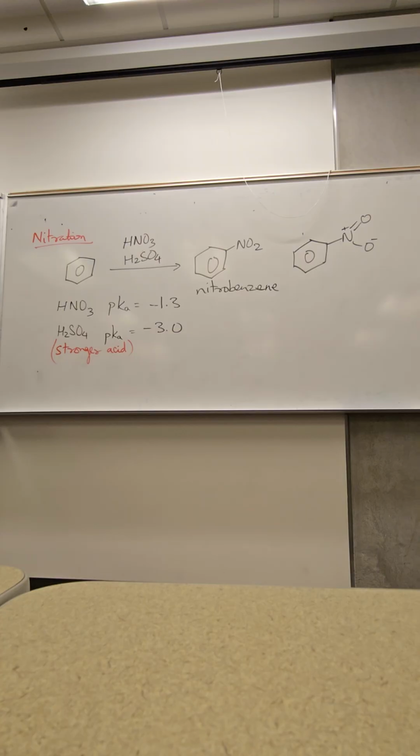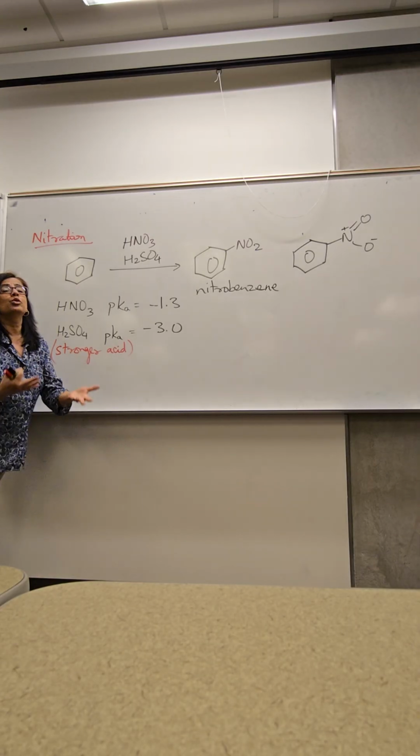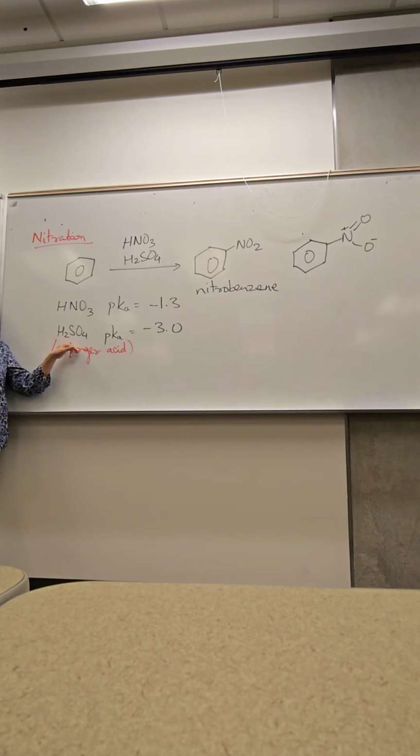So if I have these two together, who's going to act as the acid? Who's going to donate a proton? Sulfuric acid. Then who's going to take the proton? Exactly.